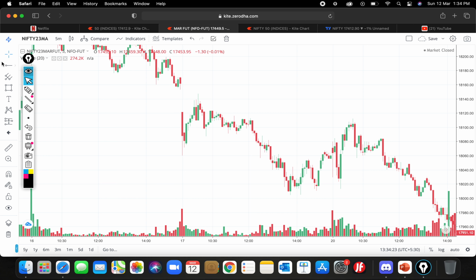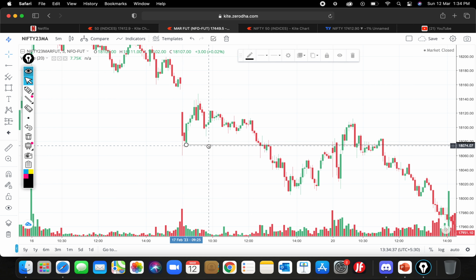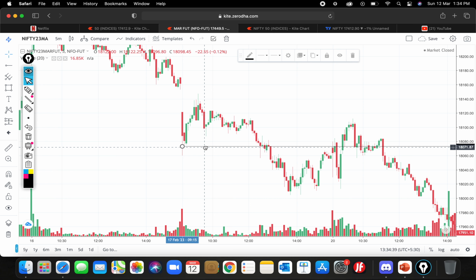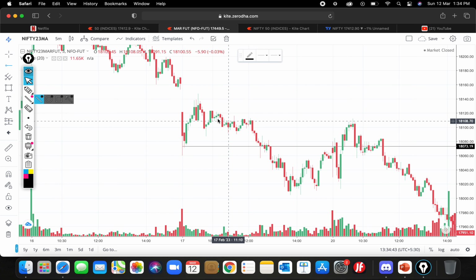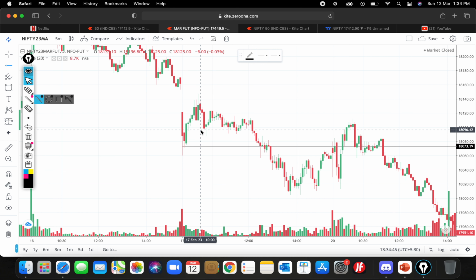Okay, let's look here. The market opened with a gap down, so we will be marking a support first, which was confirmed right here, and the previous swing low will be our support. Sorry, the previous swing low was this. And we'll be marking a resistance next.